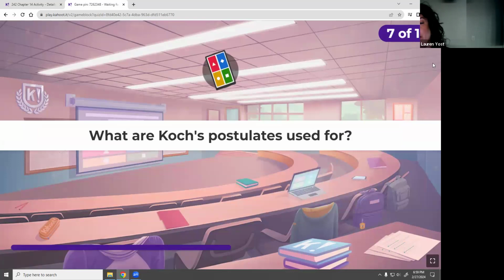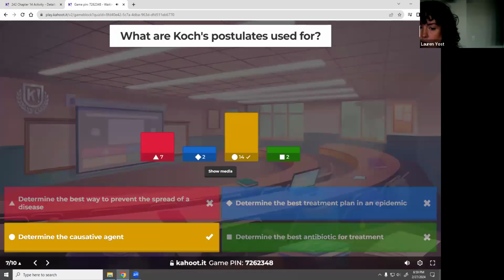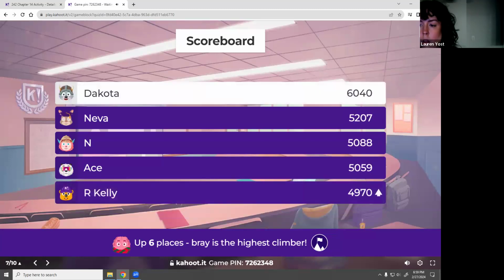What are Koch's postulates used for? Determine the causative agent. You guys got it. Perfect.